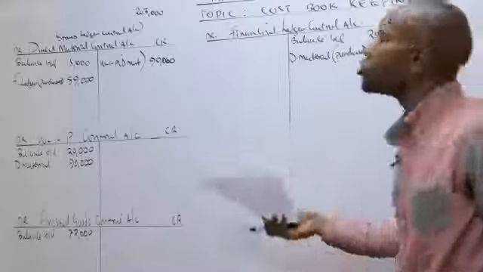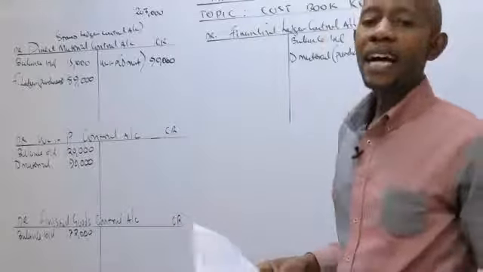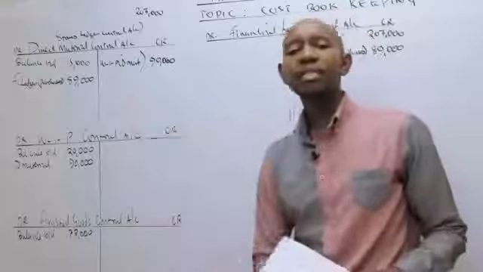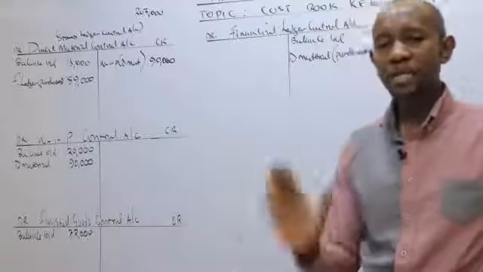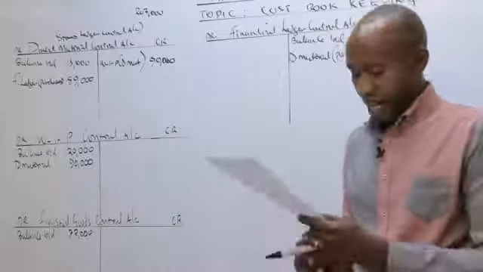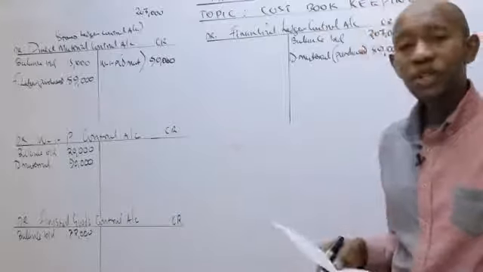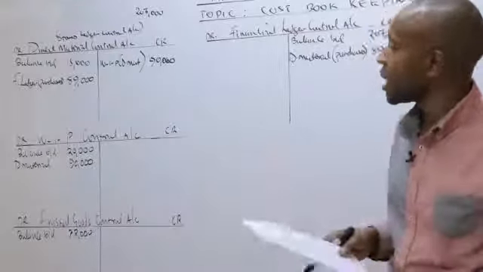And since we do not have any other account relating to material, now we can close the direct material account. You've already been given in note 3 the balance carried down in that account.